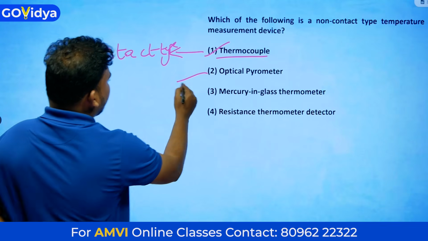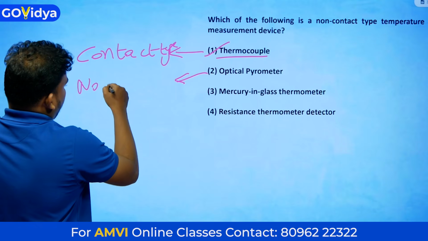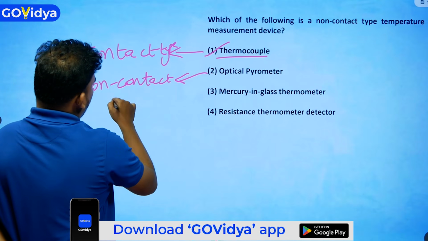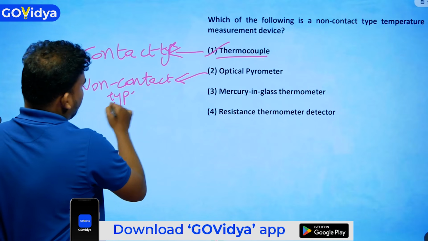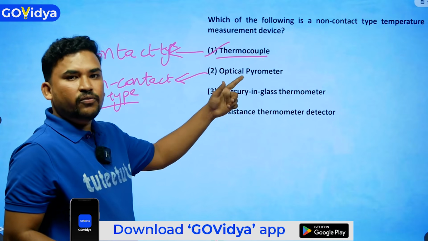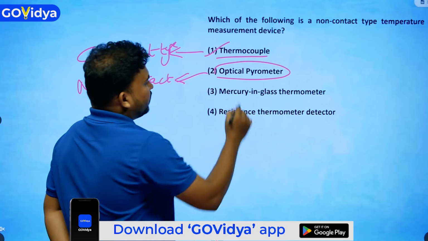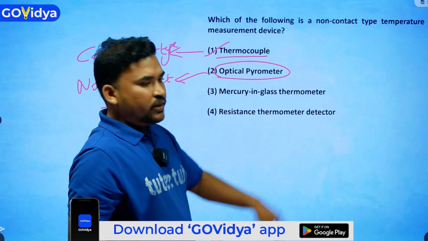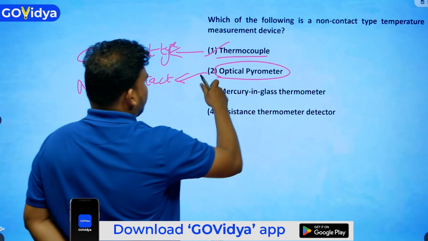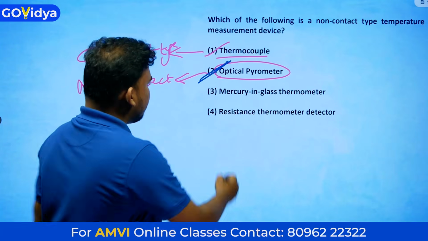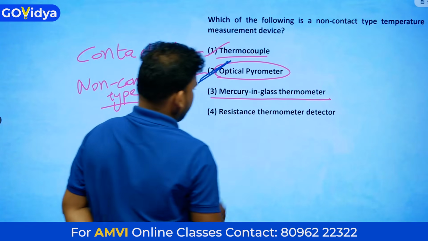Optical pyrometer is a non-contact type, right? So non-contact type we are using in furnaces, boilers. We are using this optical pyrometer, by using the radiation. Okay. Answer is actually this only. We will see the other options also. Mercury in glass thermometer, which is also contact type, right?